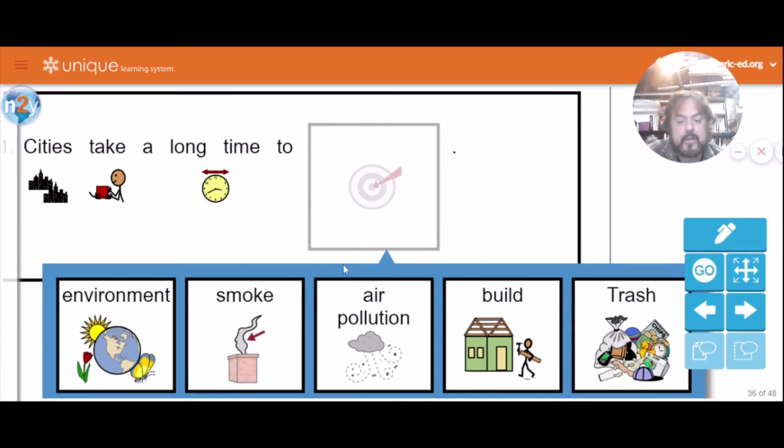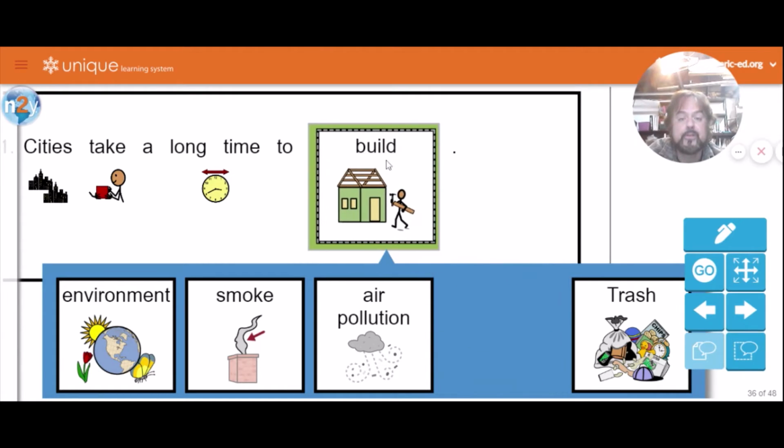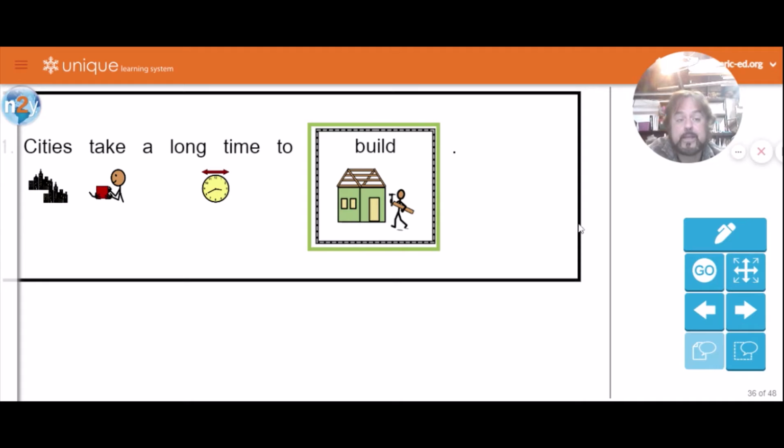Cities take a long time to air pollution. Cities take a long time to build. Cities take a long time to trash. How long does it take to trash a city? Ask Godzilla. Anyways, what do you think? Cities take a long time to, you guessed it, build. Years. Decades.